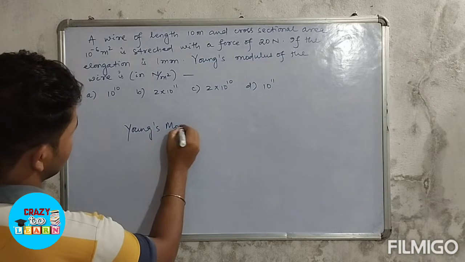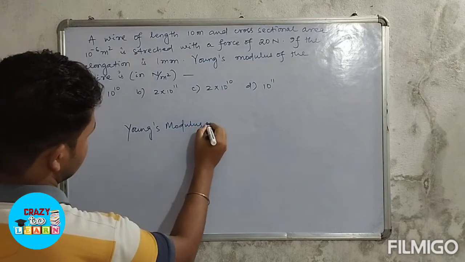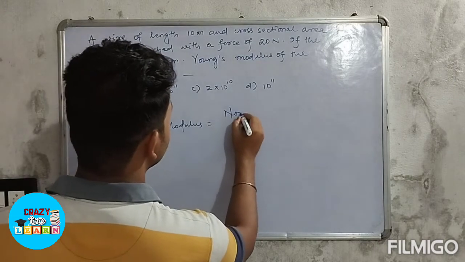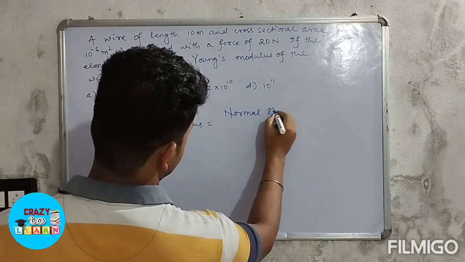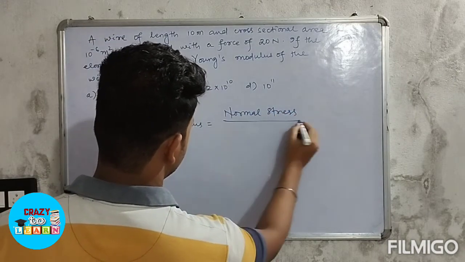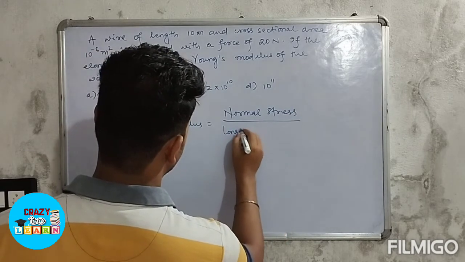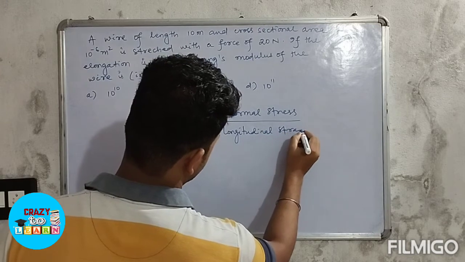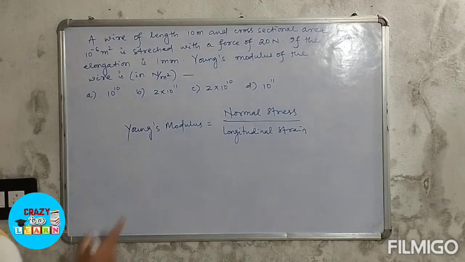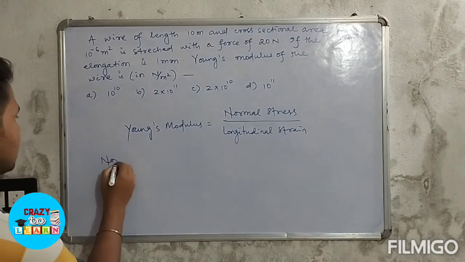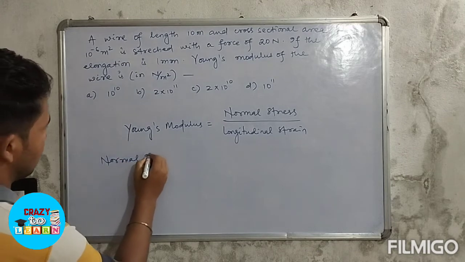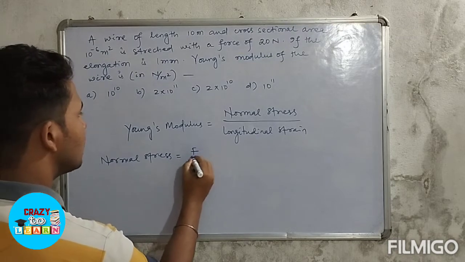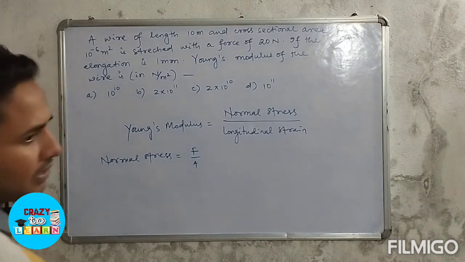What is Young's modulus? The Young's modulus is normal stress divided by longitudinal strain. So first find the normal stress. Normal stress is equal to normal force by area.